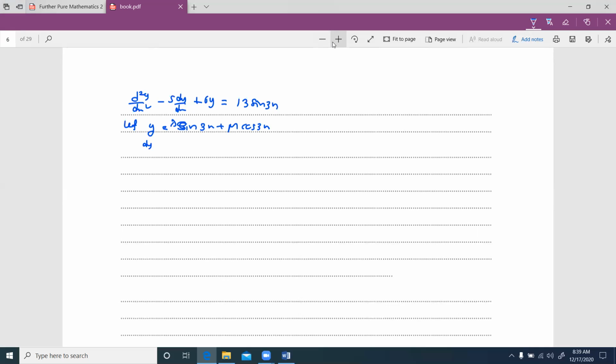Then you can write dy by dx. If you differentiate it, you get 3 lambda cos 3x minus 3 mu sine 3x. Then if you do the second differentiation, it turns up to minus 9 lambda sine 3x minus 9 mu cos 3x.